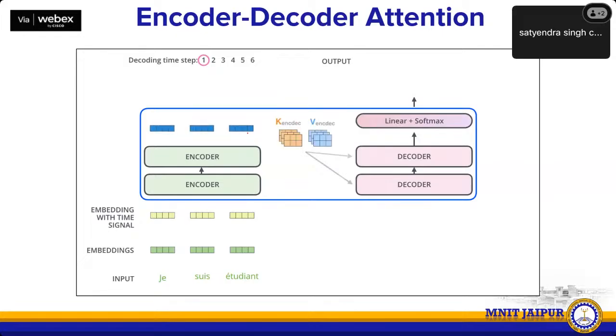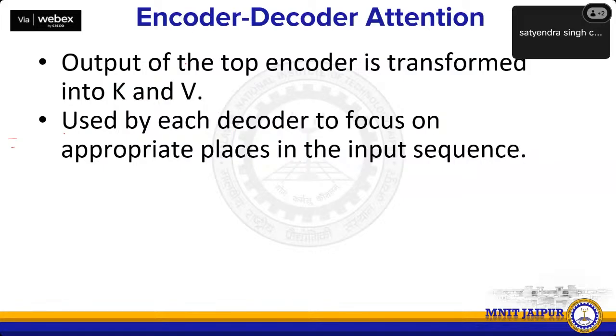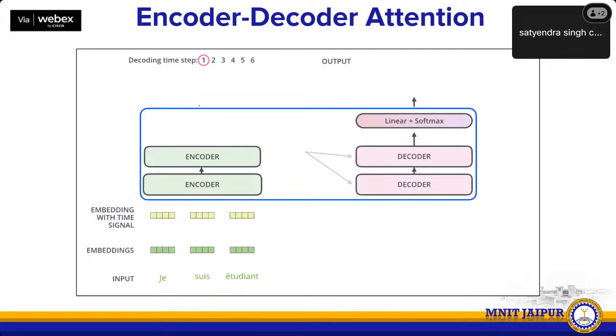After the encoder, using the last output that you get, you again generate the key and value pair. The key and value pair is passed to the decoder side.